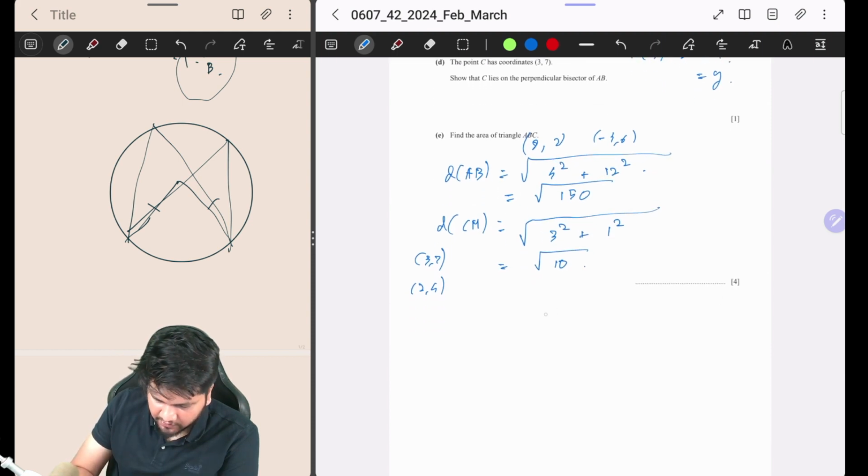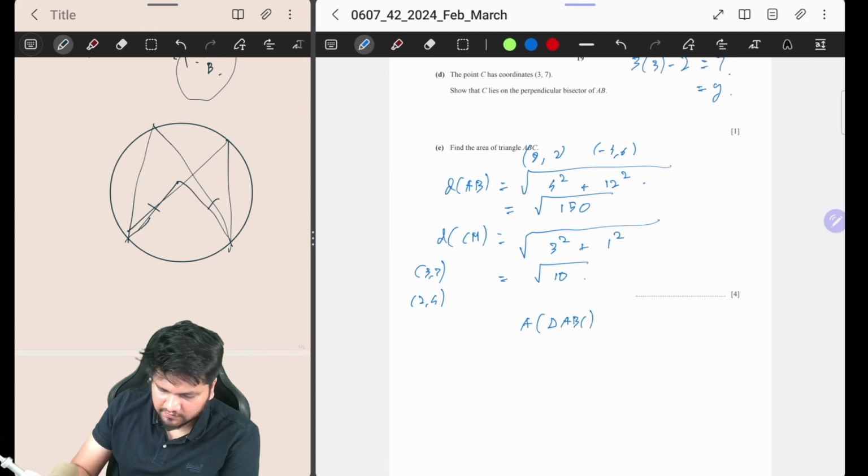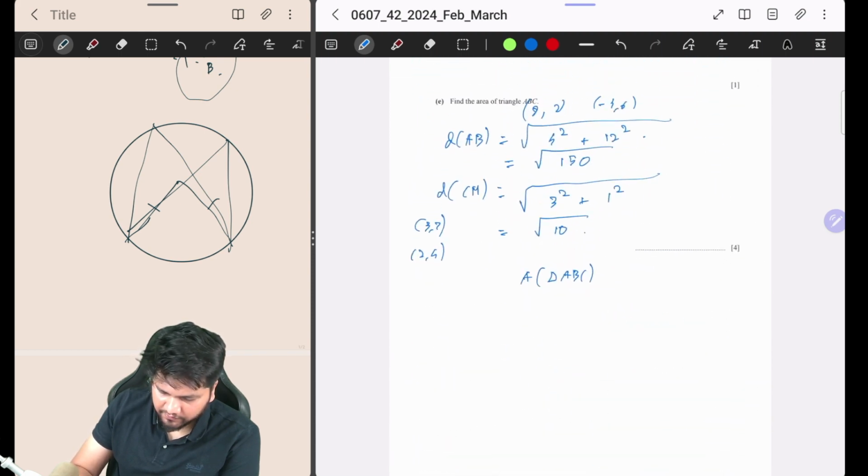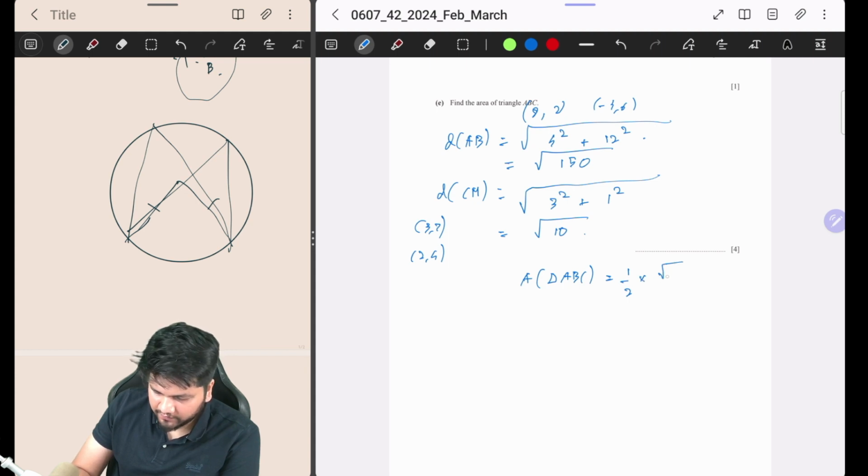Okay. So the area of triangle ABC would be what? It's half into base, which is root 150, into height, which is root 10. You can simplify also. I think simplification is required.